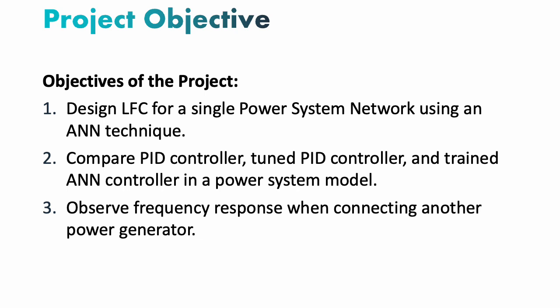Then also an instance where we do not have a controller incorporated in the system. So we're going to have 4 scenarios in this project, and that should inform our decision on whether or not the ANN technique is suitable for a single power system.